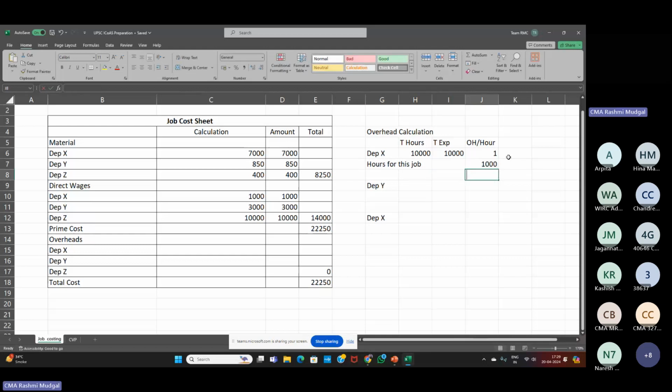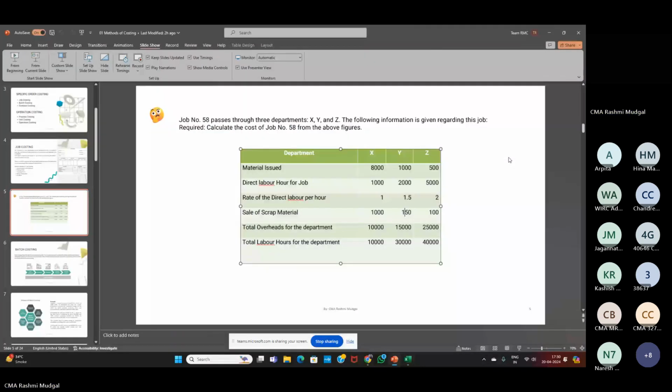So the total overheads will be 1 multiplied by this 1,000. It will be the total overhead in department X.